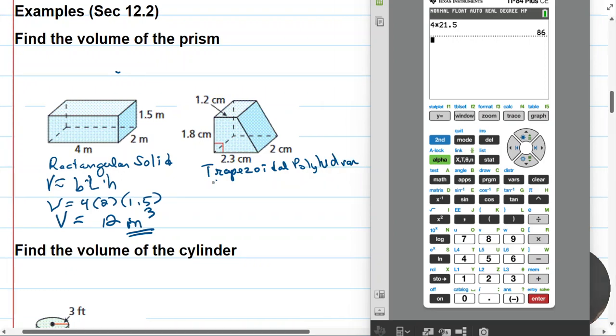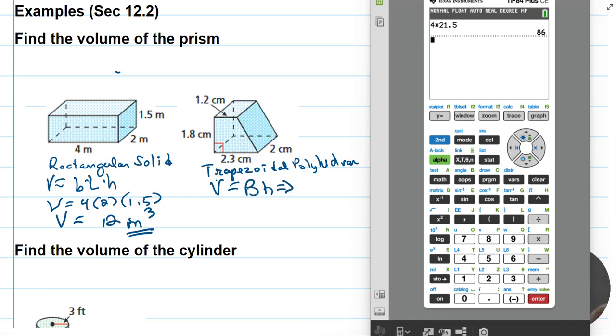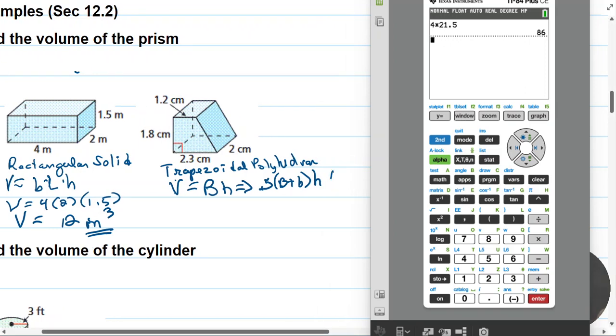On this guy, we're going to have volume is base times height. And in this case, the base is half big base plus little base times the height. And the height here is this.